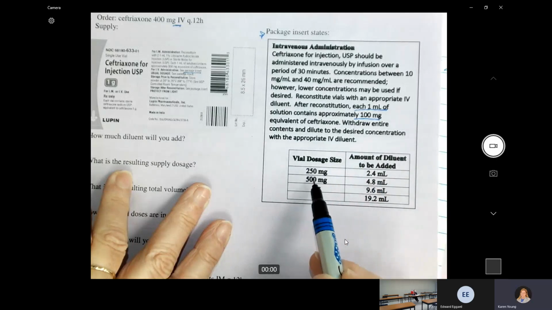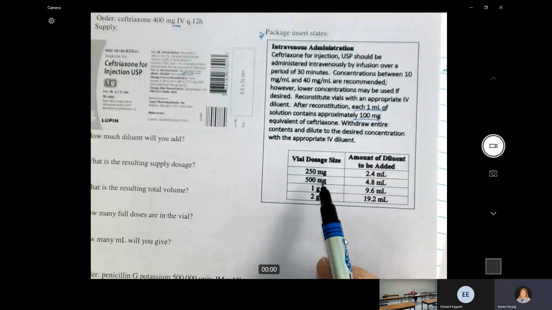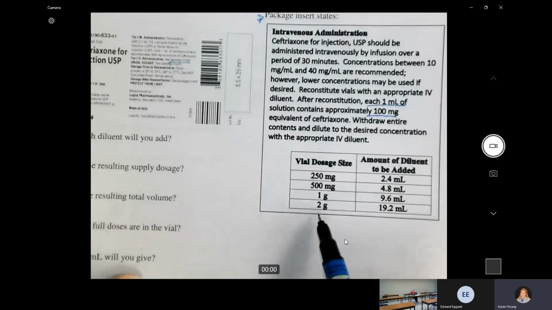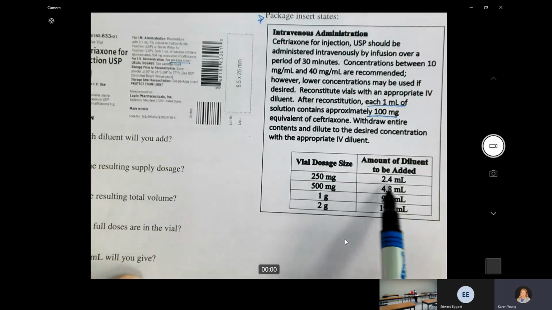So what I have here is a vial dosage size, okay? If I have a 250 milligram vial, I'm going to add 2.4 milliliters. So I'm not going to choose one of these to add to the vial.